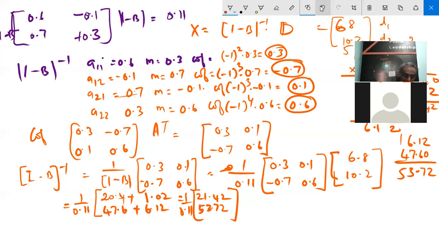So what you have to do? Now we have to use calculator. Okay, use it here only. Last step, use 21.42 by 0.11.